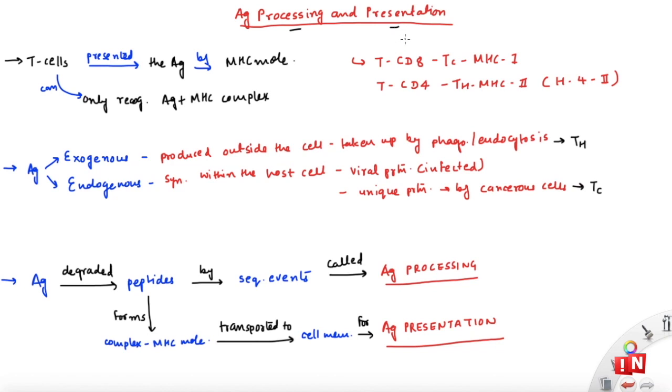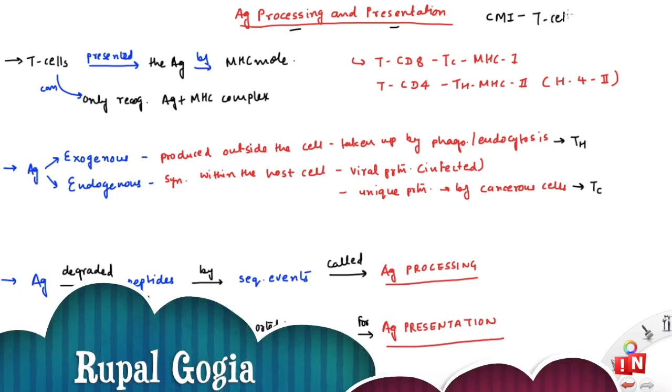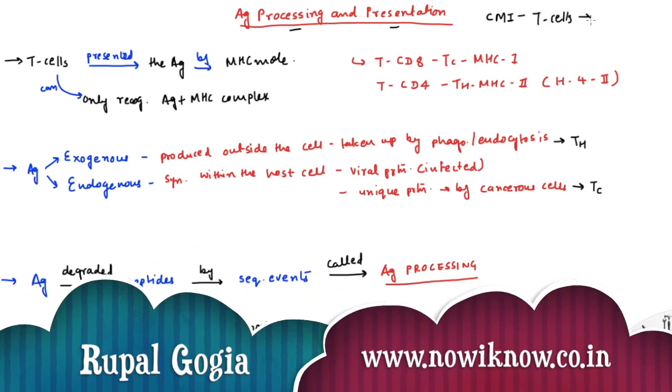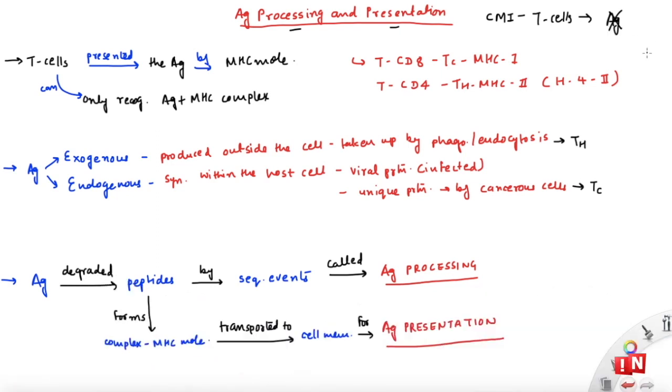Now, if you remember, in one of the previous videos we talked about humoral immunity and cell-mediated immunity. In cell-mediated immunity, we talked about T cells and how T cells on their own cannot recognize the antigen. What that means is they need to be presented the antigen by some other cell.